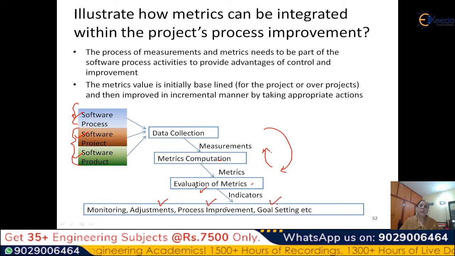So in your project planning, you have to put this into your process in such a way that it becomes automatic. Process measurement and metrics need to be part of the software process activities to provide the advantage of control and improvement. So this whole thing will become part of your software process.